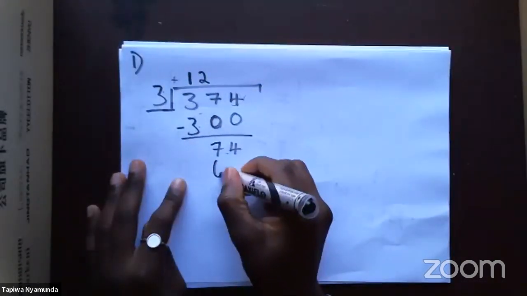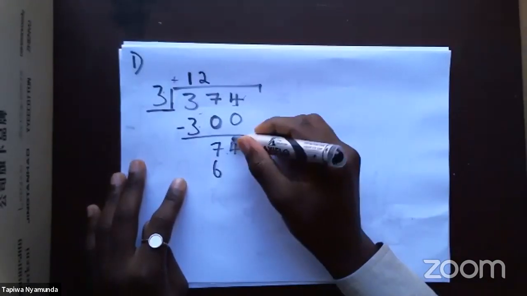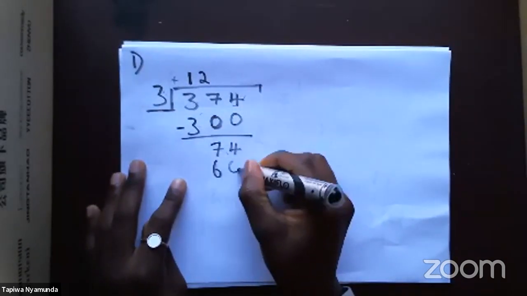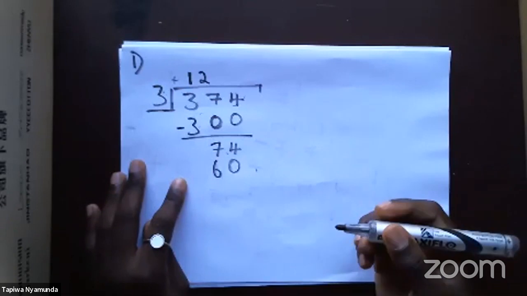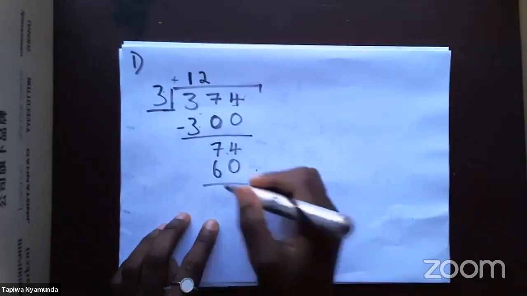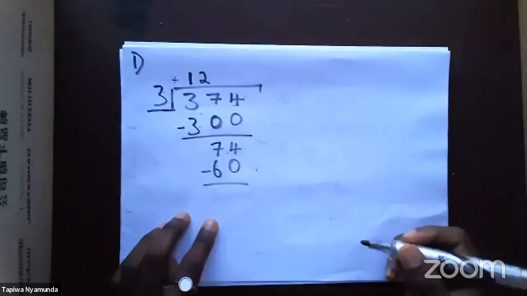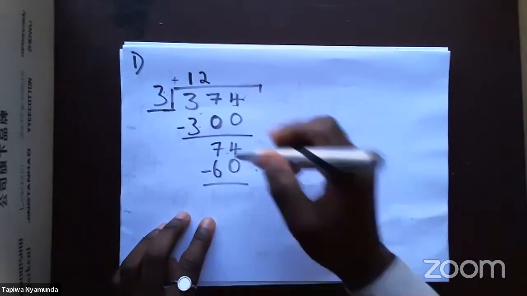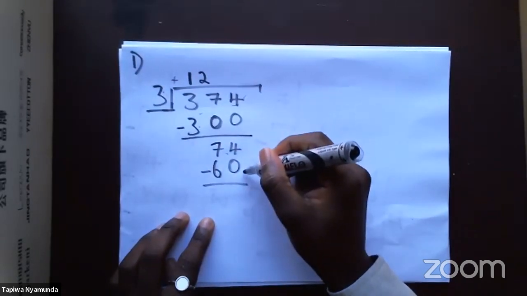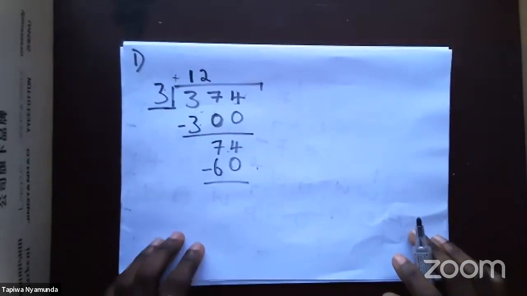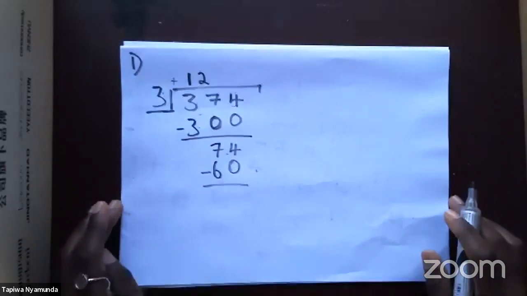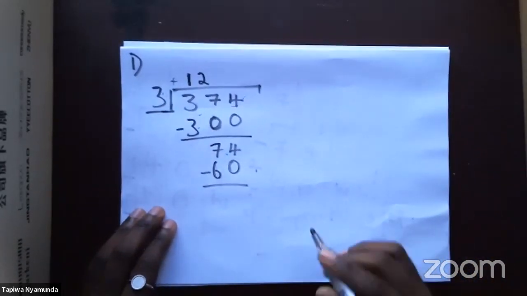So I'm going to write a 6 here. Then, like how I did here, I'm going to replace with a 0. Then another process, I'm going to subtract. What am I subtracting with? 74 subtract 60. What do I get, guys? What is 74 minus 60?